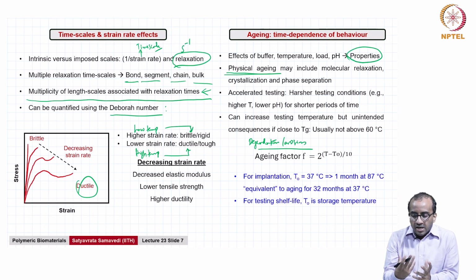And aging can occur because of a whole host of reasons. Some particularly important aspects that can result in aging, or that can contribute to aging, include the presence of a buffer with salts, of course effect of temperature, the presence of continued loading that can also influence the properties with time, the role of pH, the local pH there, that is going to cause or contribute to aging.